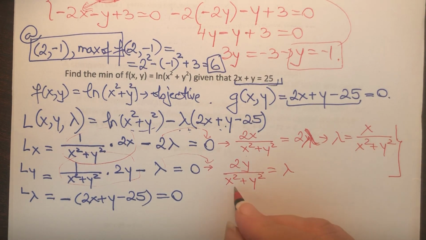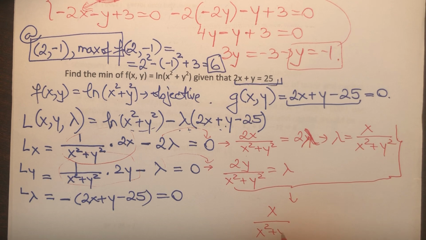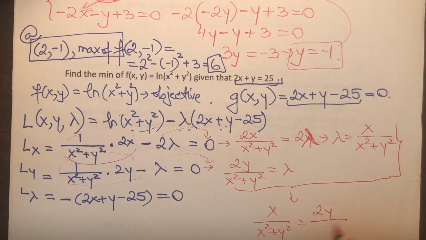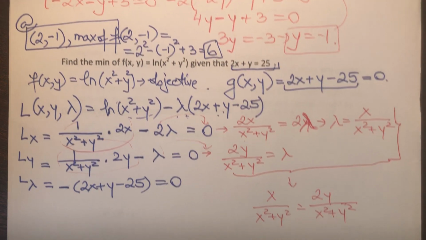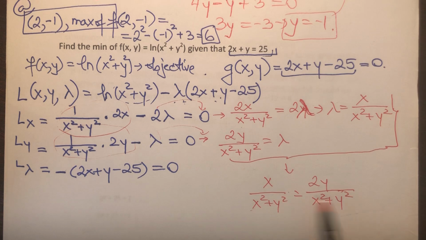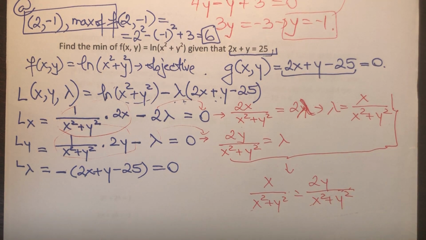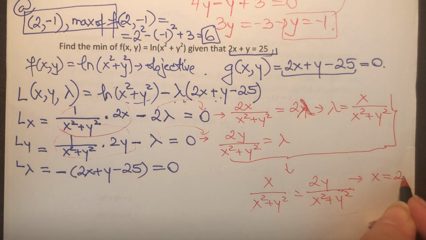Let me write it down here. I get the lambda, which is x over x squared plus y squared, is equal to this lambda, which is 2y over x squared plus y squared. So even though it looked a bit scary, you can multiply both sides by x squared plus y squared, and since these two denominators are the same, you'll simply get x must equal 2y.